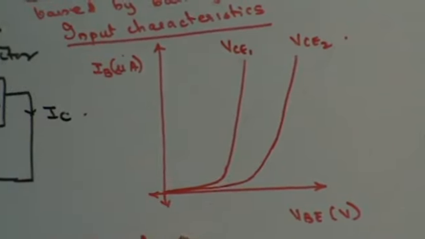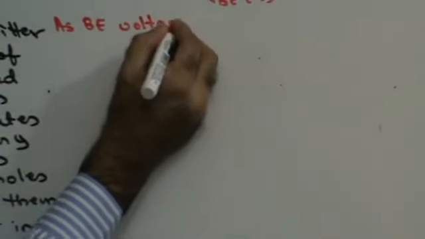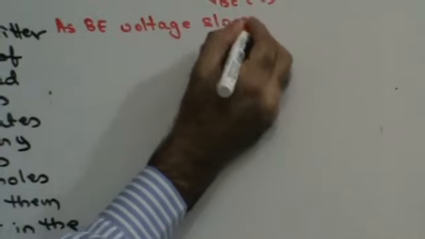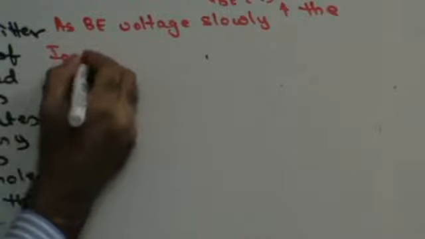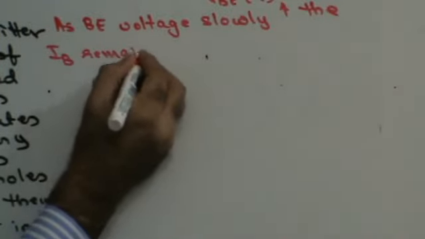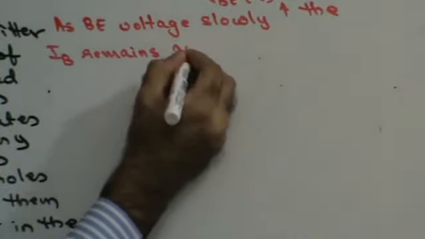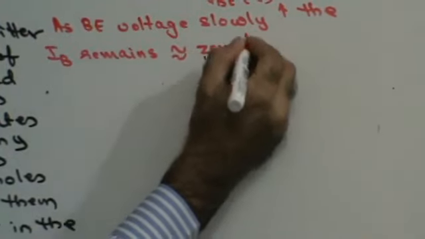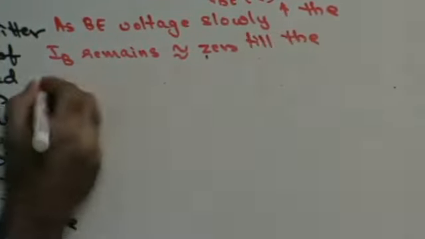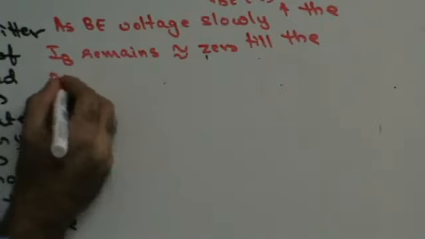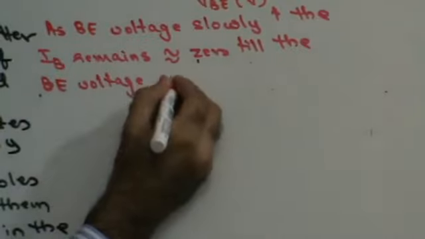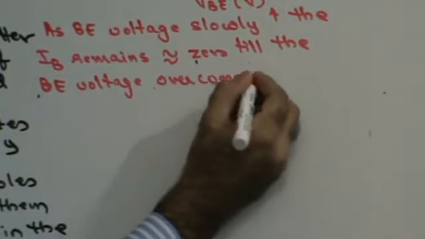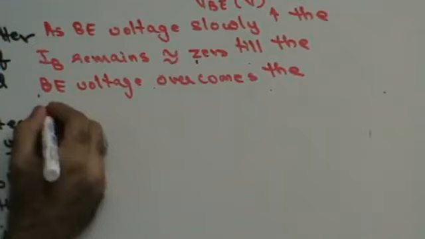So as the base emitter voltage slowly increases, the base current remains approximately 0 till the base emitter voltage overcomes the potential barrier.